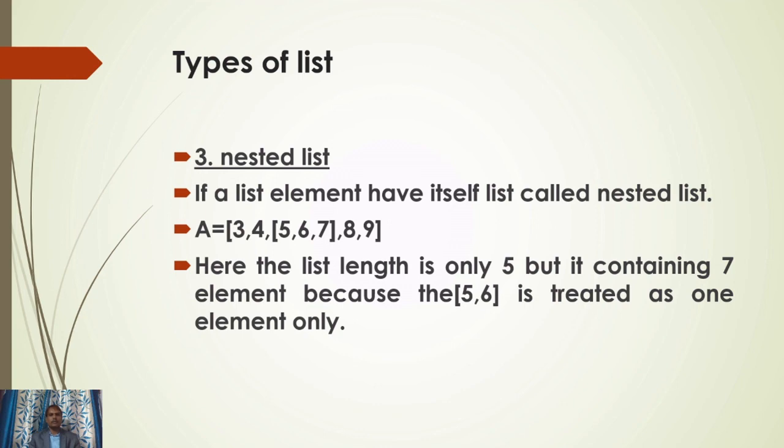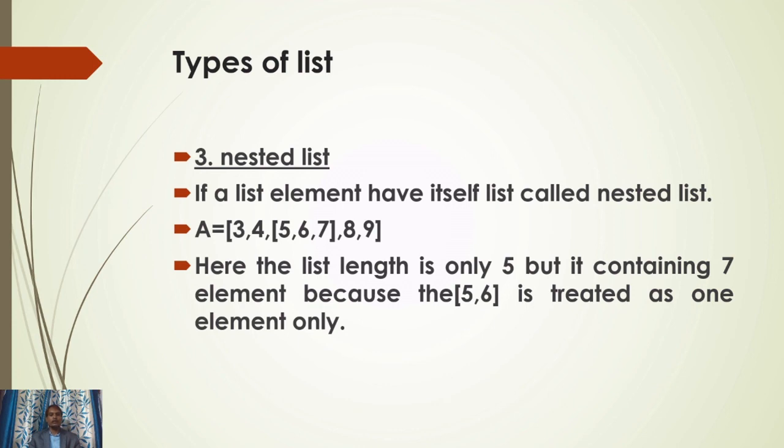The nested element is treated as a single element, and the remaining elements separated by commas are also treated as single elements. So if I ask you what is the length of the given example list?